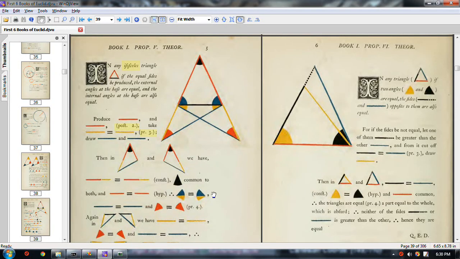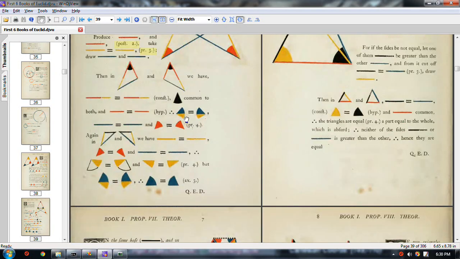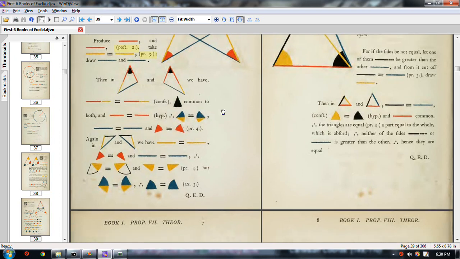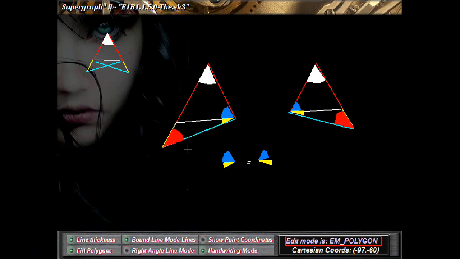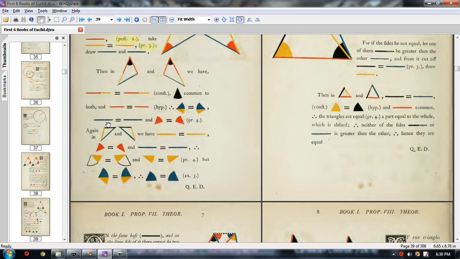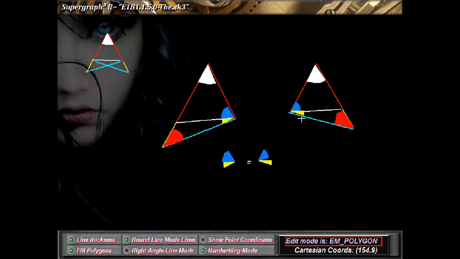Now that's something that we couldn't have said before having proven a previous theorem. Blue equals blue and red equals red. I already mentioned blue here, not meaning the angle blue, but the blue line. These lines are the same.